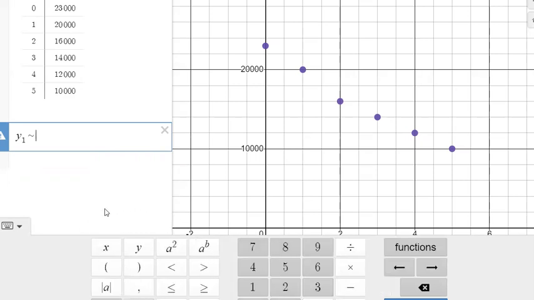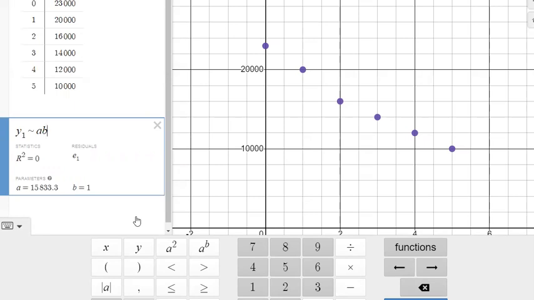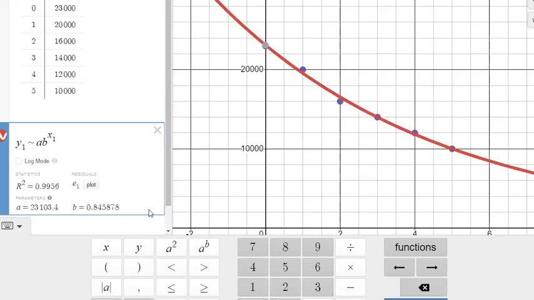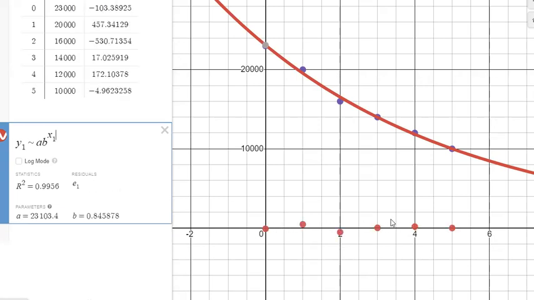Then I need A times B to the x power. So I'm going to type in A, B, and then I'm going to raise it to the x1 power. And I get this smooth curve. So the first thing that I'm going to do is I'm going to plot my residuals. You'll see them down here on the x-axis. And then I need to type my A and my B. So A is going to be 23,103.4.